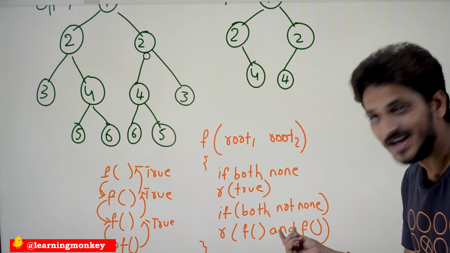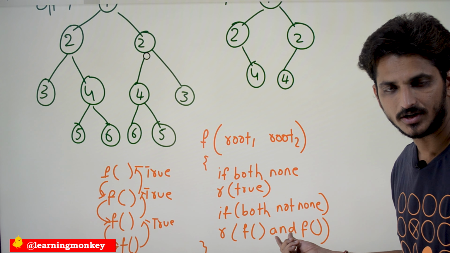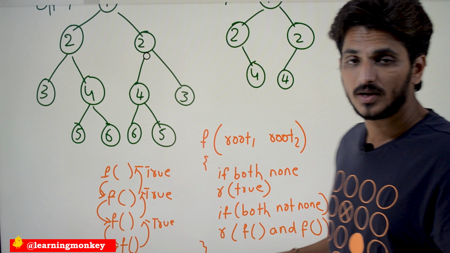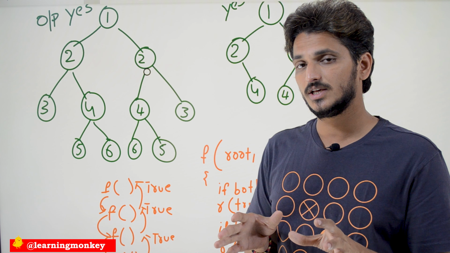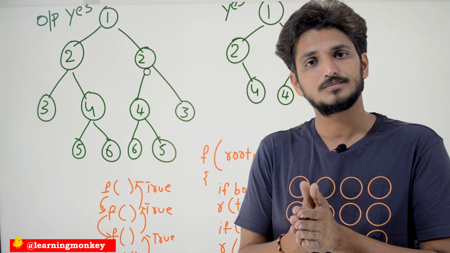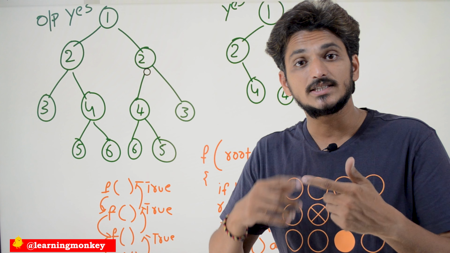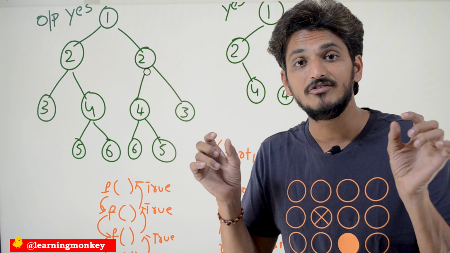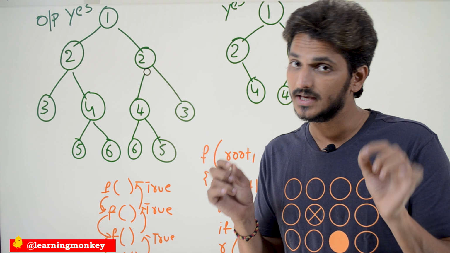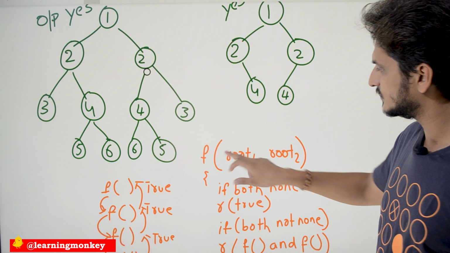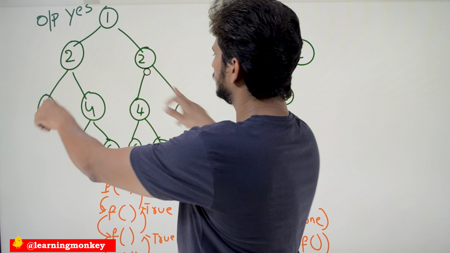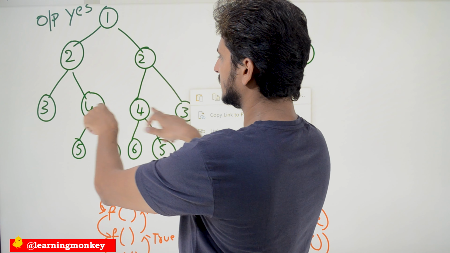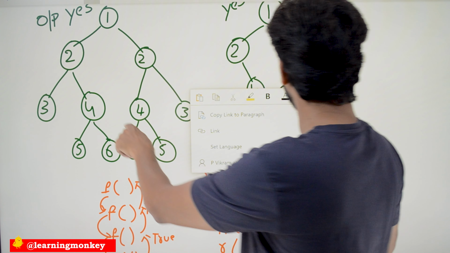We are placing an AND here. Understand why we are placing an AND here. Whatever condition we discussed here should be accepted by each and every node. Whenever you call this function, it is going to check the condition for these two nodes. Next time it is going to check the condition for the next two nodes, and again for the next two nodes.